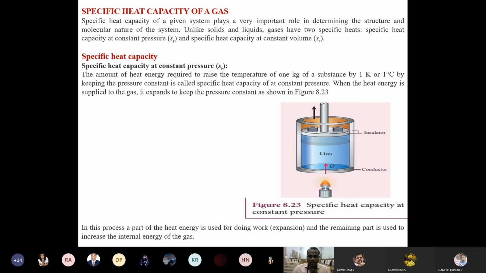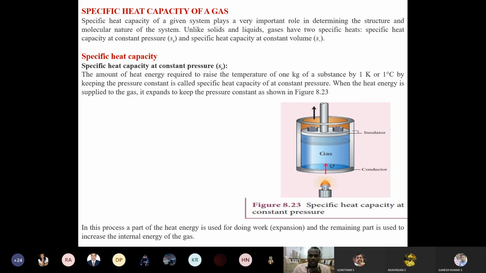So we are adding heat into the system. There is no chance for the heat to escape from inside the piston because we provided insulators.